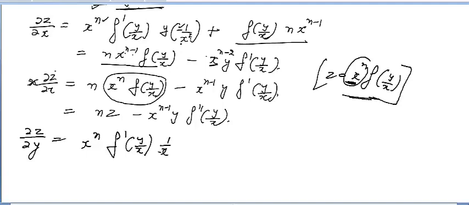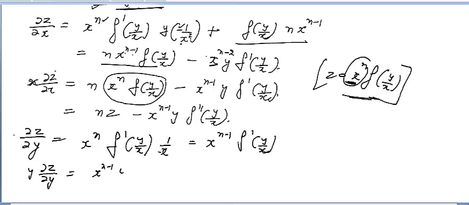So when you subtract, you have x raised to power n minus 1 f'(y over x). When you multiply y with this, you get x raised to power n minus 1 y f'(y over x).